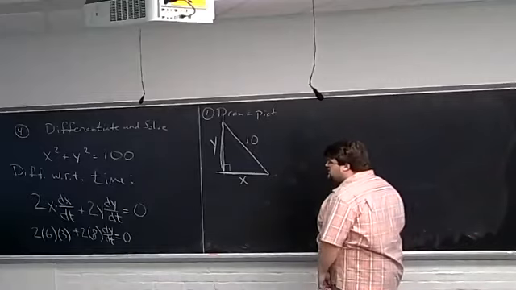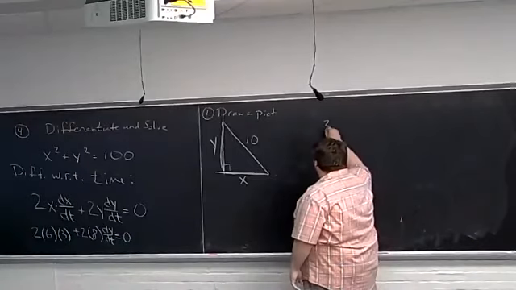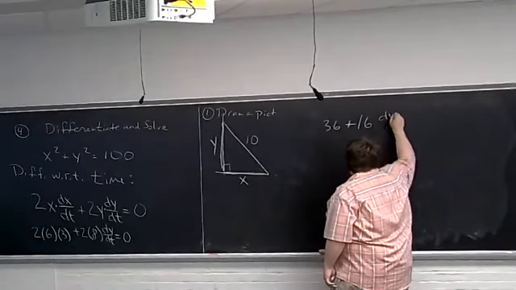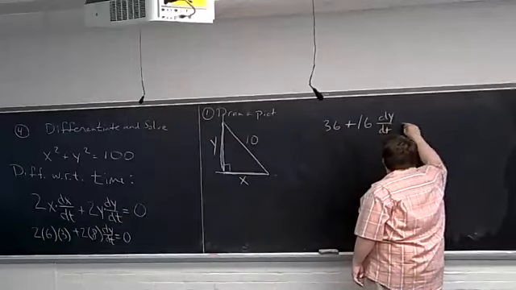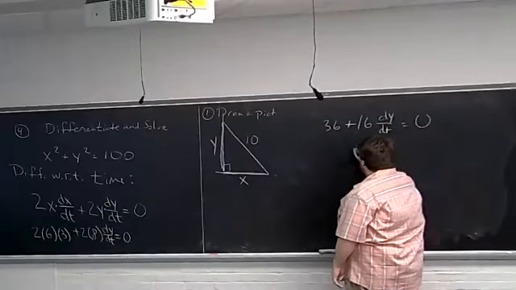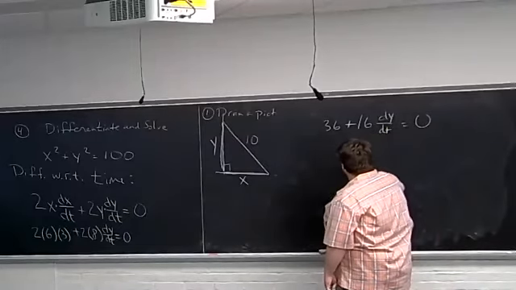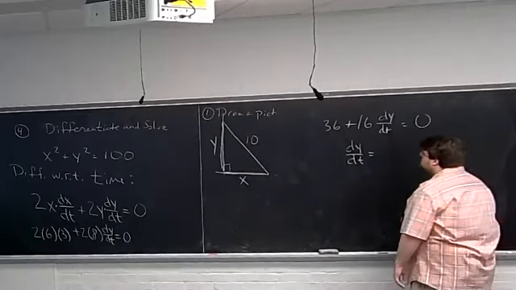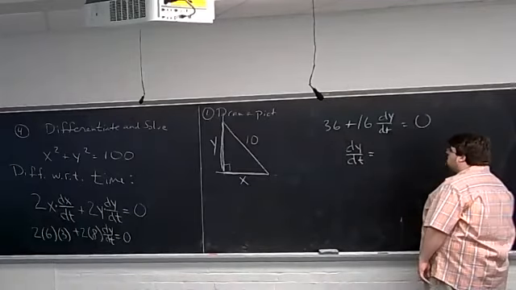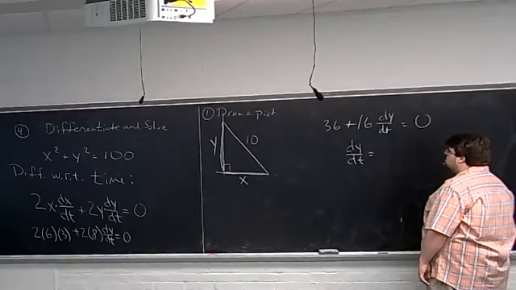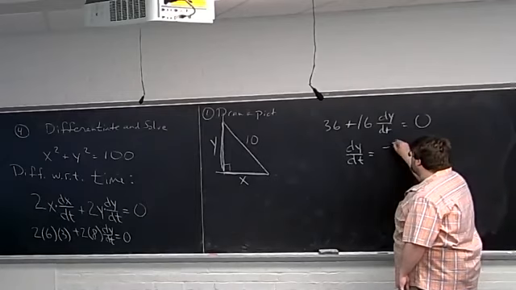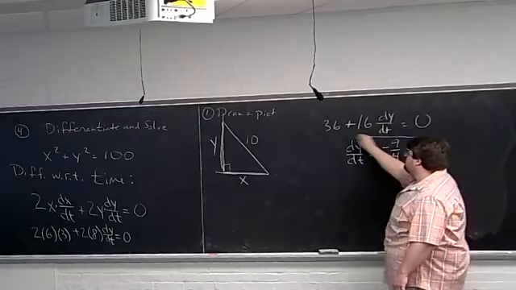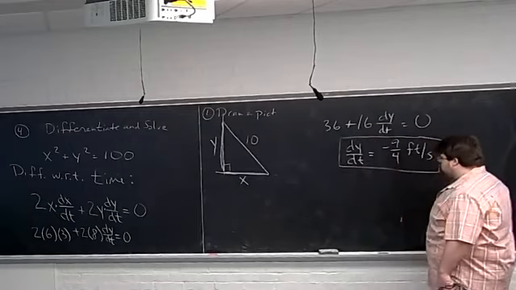Well, the 2's cancel. I guess I'll leave them there. You get 36 plus 16 dy/dt equals 0. So dy/dt equals what? Subtract 36 divided by 16. 2's cancel. You get 18 over 8. So 9/4 with negative. Negative 9/4 feet per second.